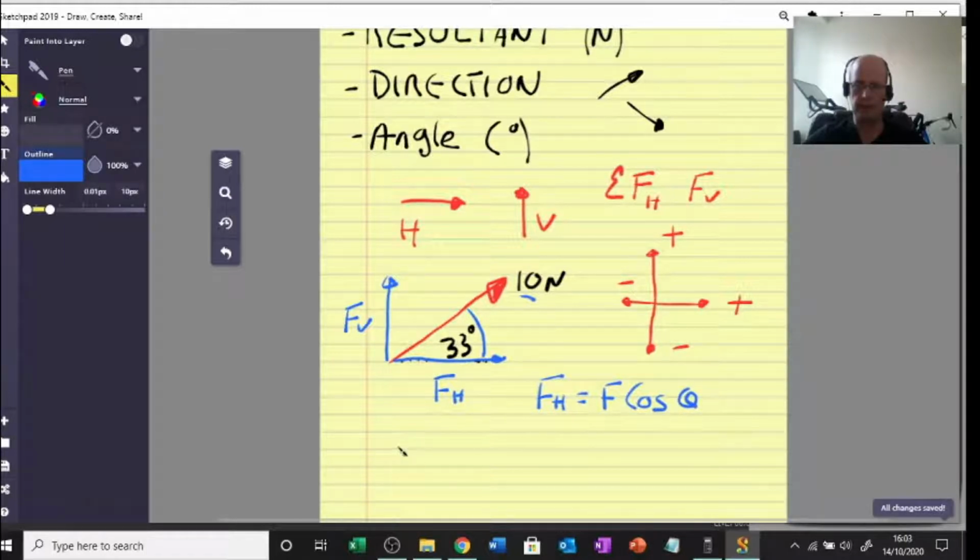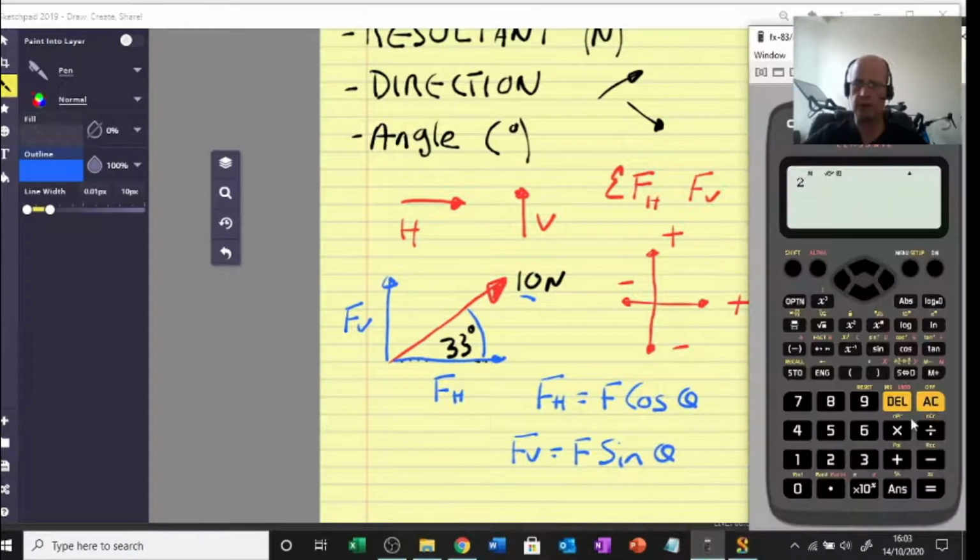And if I want to find the vertical force, I'm going to be doing F sine theta, where theta is the angle.